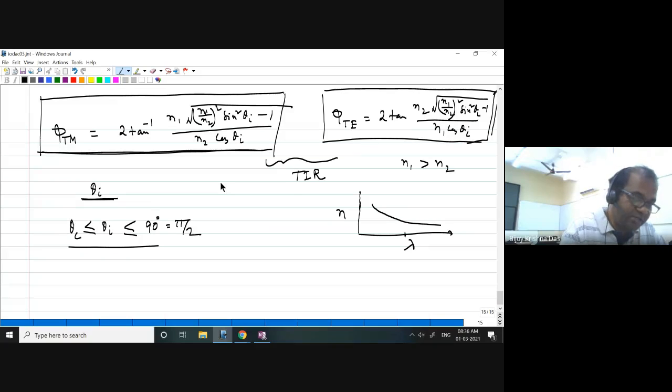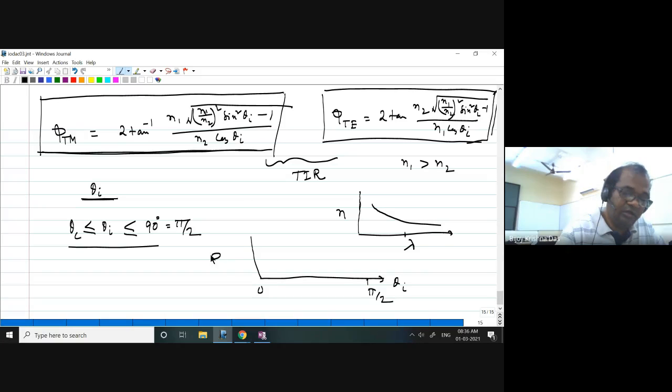So my question is, suppose I ask you to plot theta I starting from 0 to pi by 2, and plot phi TE or phi TM, let us consider phi T, how will it look? Suppose N1 and N2 are given: N1 is 3.46 and N2 is 1.46.